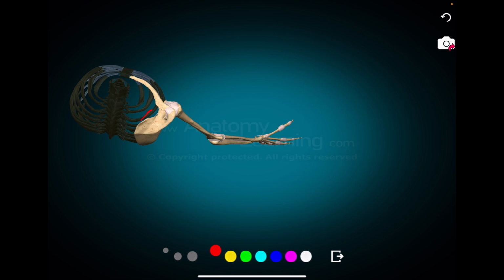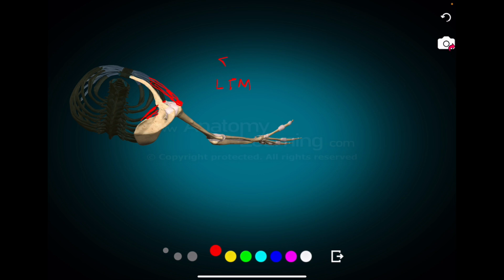So the first is the subscapularis, then the pectoralis major, and then the latissimus dorsi, the lady between two majors, between teres major and pectoralis major, and all these muscles will internally rotate.